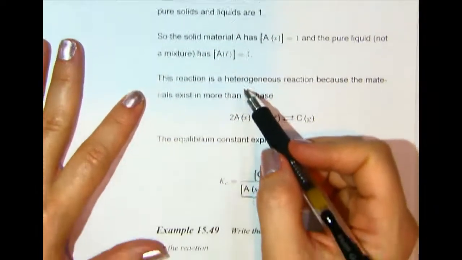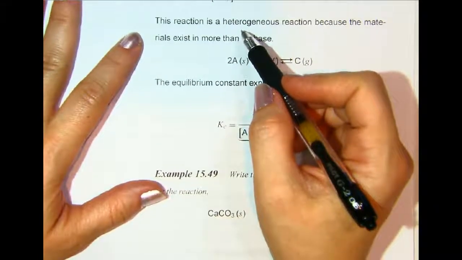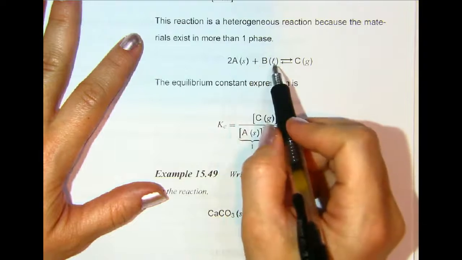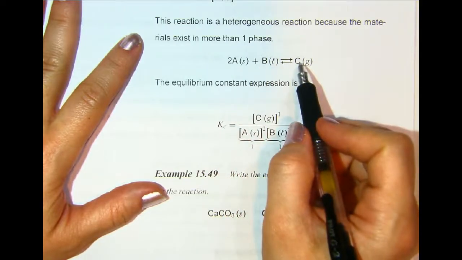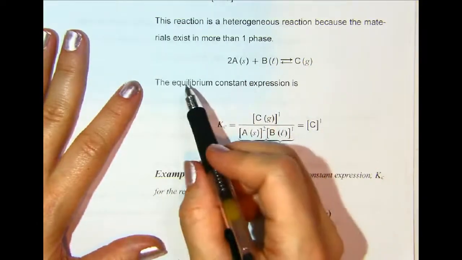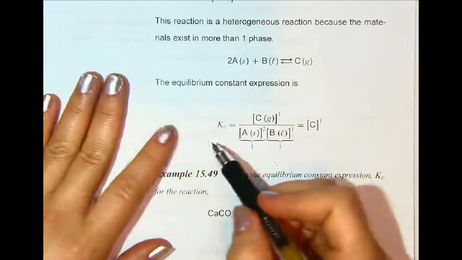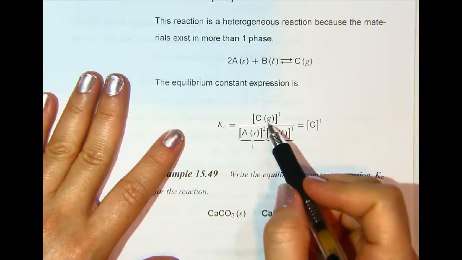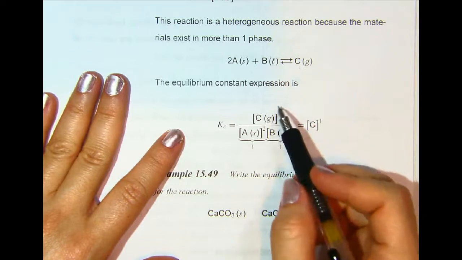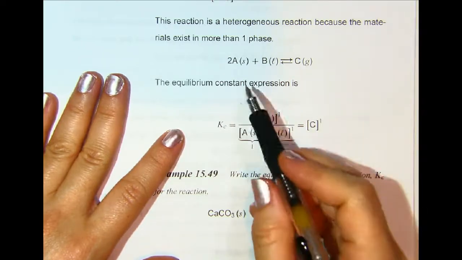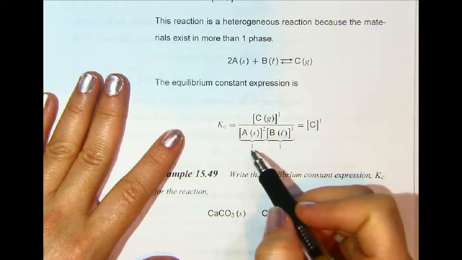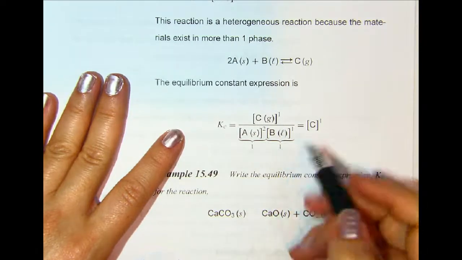This reaction is a heterogeneous reaction because the materials exist in more than one phase. So we have a solid, we have a liquid reactant, and we have a gas as a product. However, the equilibrium constant expression would be written as Kc is equal to the concentration of C gas raised to the power of 1 over the reactants A squared and B to the 1, except both of these values would be equal to 1.